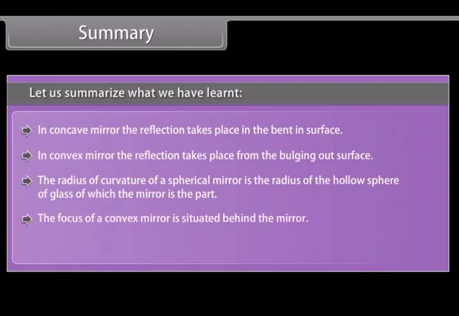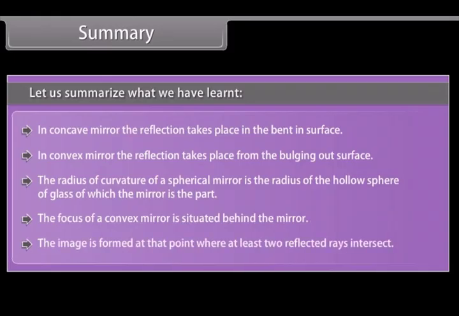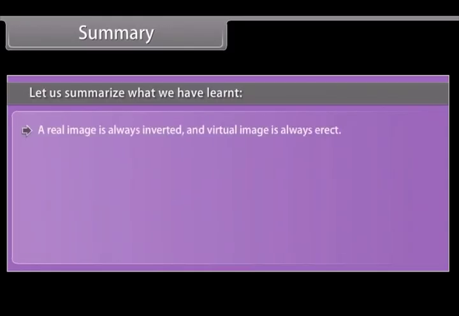The focus of a convex mirror is situated behind the mirror. The image is formed at that point where at least 2 reflected rays intersect. A real image is always inverted and a virtual image is always erect.